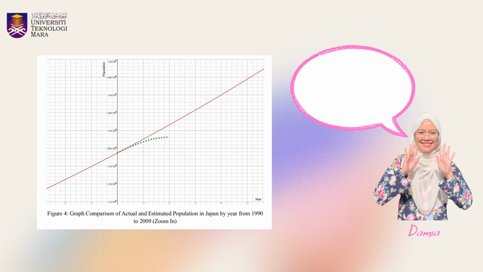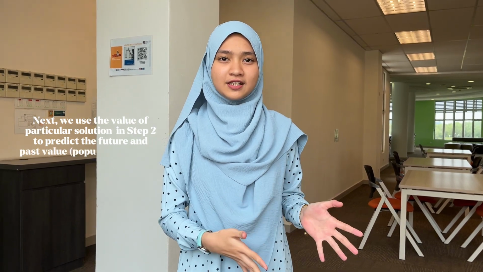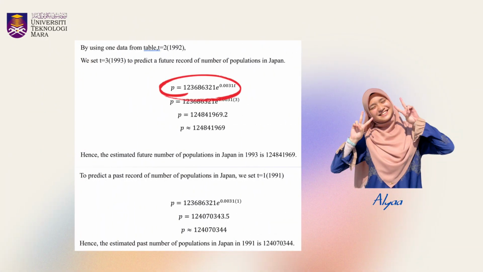Overall, while the model predicts general growth, it does not accurately capture Japan's slowing population trend from 1990 to 2009. Since we have obtained our value of particular solution, next we use it in step 2 to predict the future and past value. P is equal to 123,686,321 e to the power of 0.0031t. We use one data point from the table: t is equal to 2, referring to 1992.